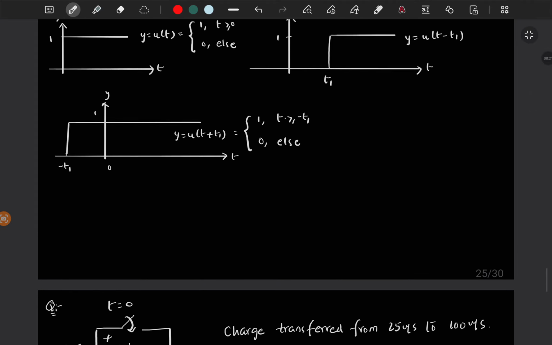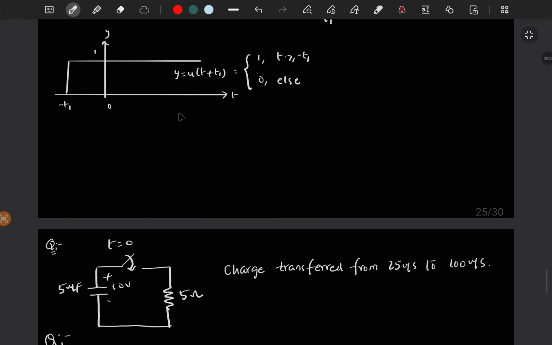Now let's say we have this kind of graph, a rectangular graph. Then how do you write the mathematical form of this graph?